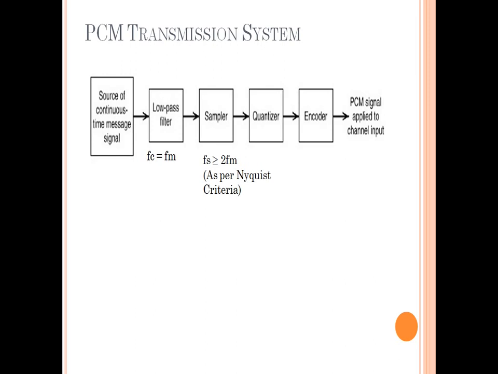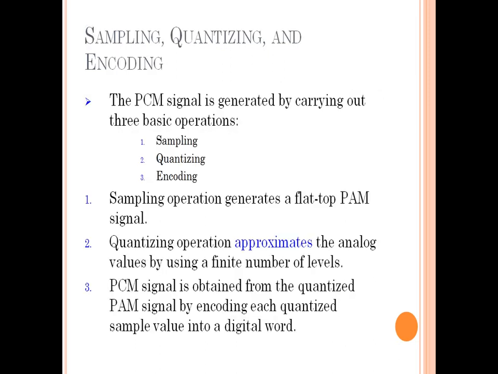It is done just to avoid the aliasing effect, so this low pass filter is also known as an anti-aliasing filter or pre-aliasing filter. After sampling is done, it is passed to the quantizer to quantize the sample values, and then these are encoded to a digital signal, and the PCM signal is applied to the channel and transmitted.